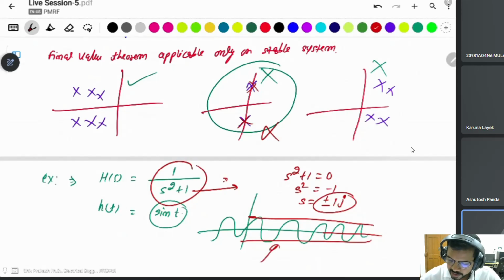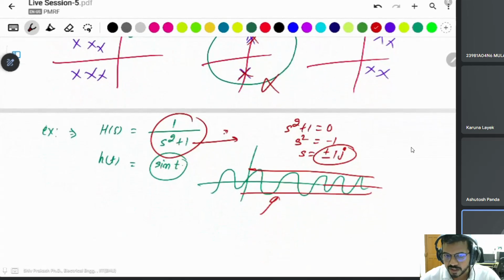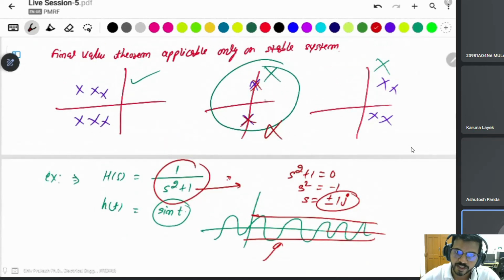Same thing, you can say a sinusoidal signal. You can't predict the final value because it is an oscillatory function. That's why if the pole is on the j omega axis, your system will be oscillatory, and in an oscillatory system, you can't predict the final value.